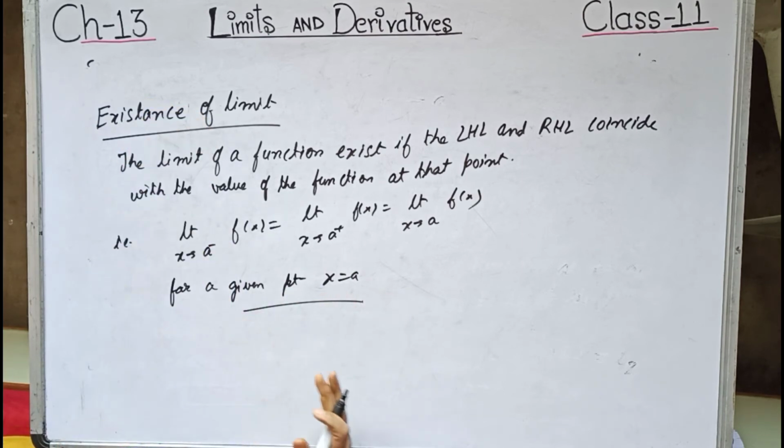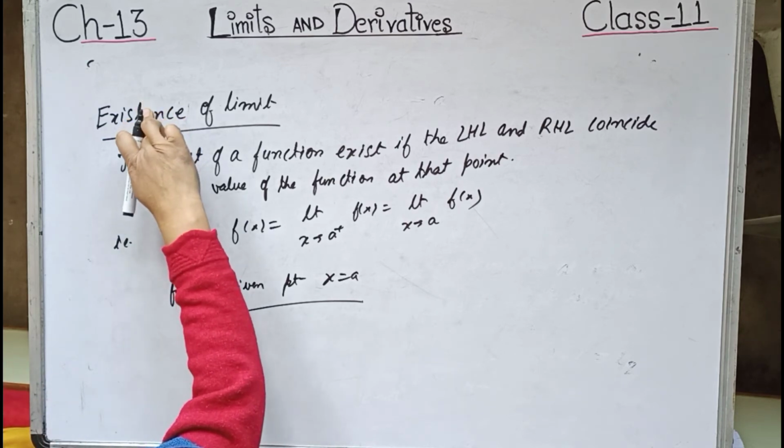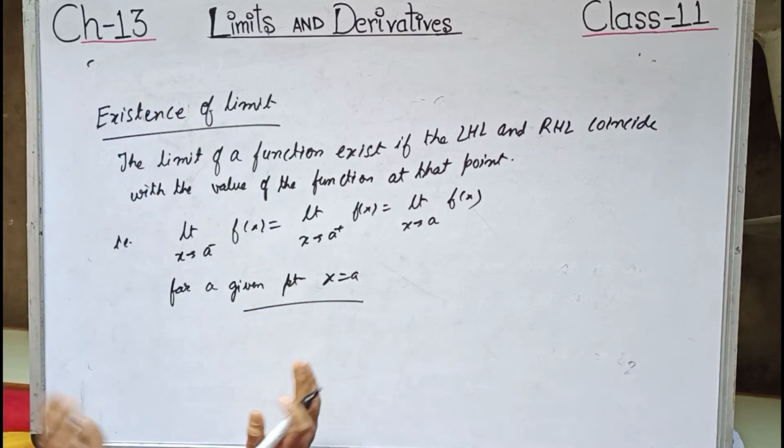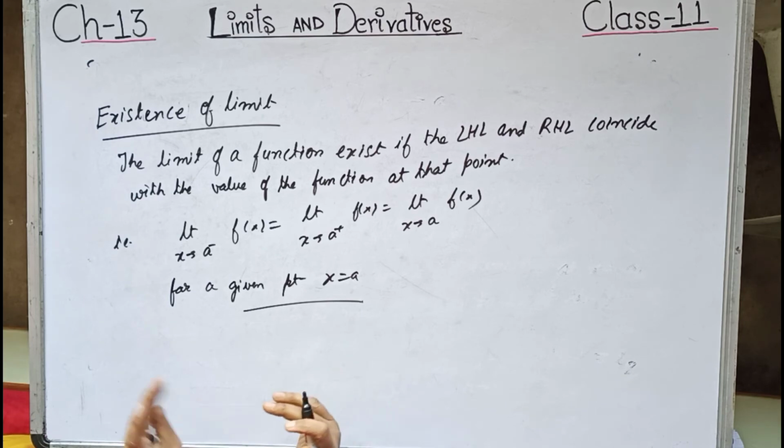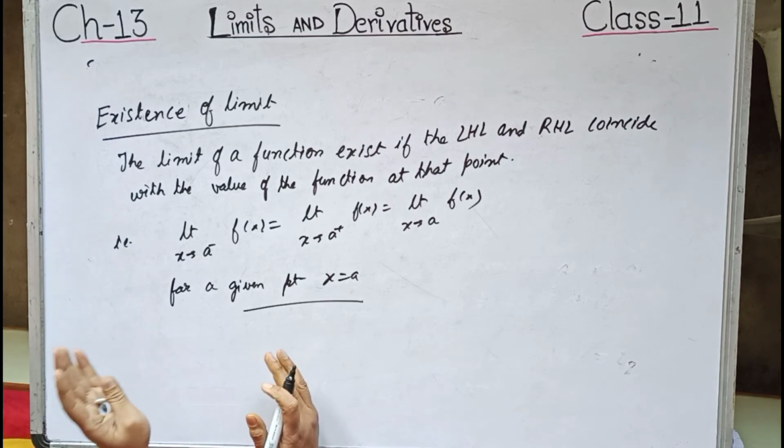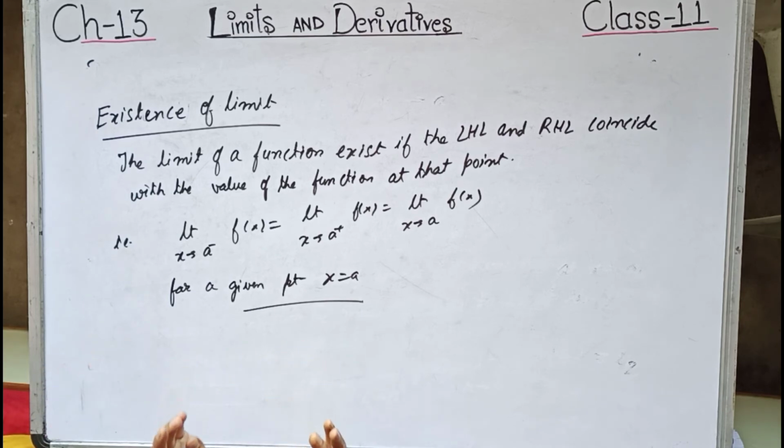So to some extent now we know what is a limit, what is left hand limit, what is right hand limit, and when a limit exists. So now let us proceed to the method of solving the sums based on limits, and directly go to solving the sums.